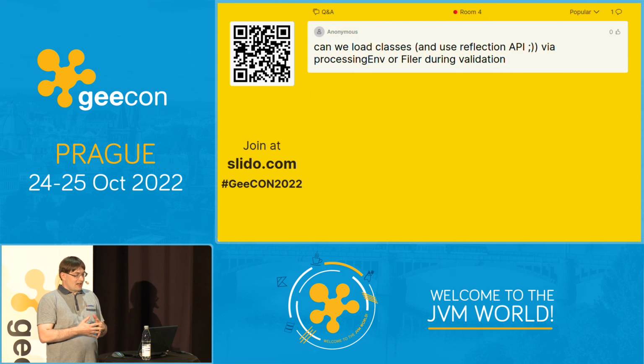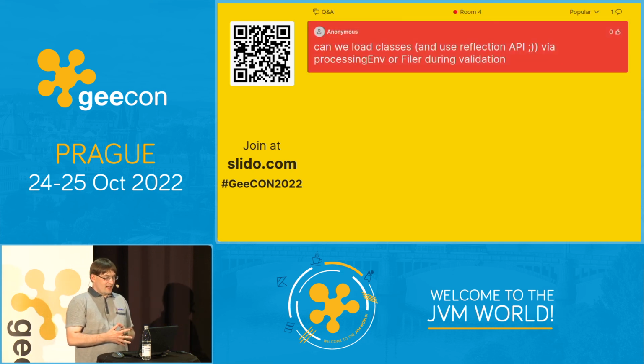Can we load classes and use the reflection API via processing env or file during validation? I guess yes. Or no. Okay, let me read this again.